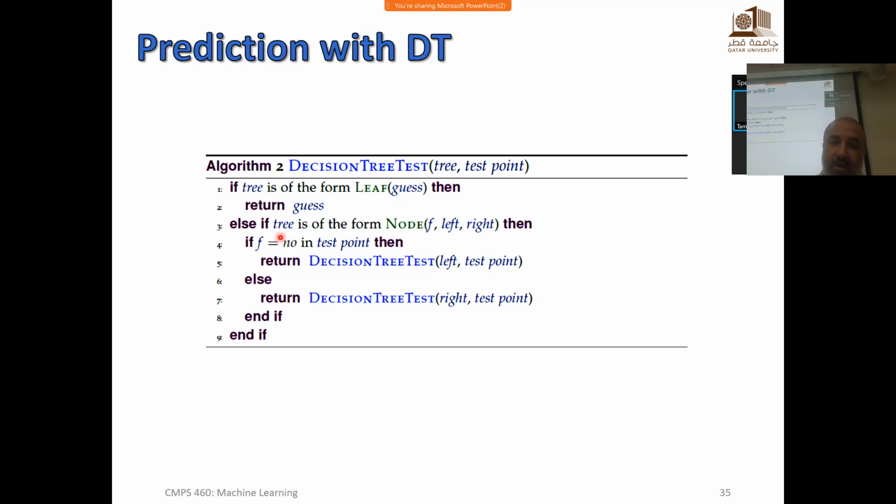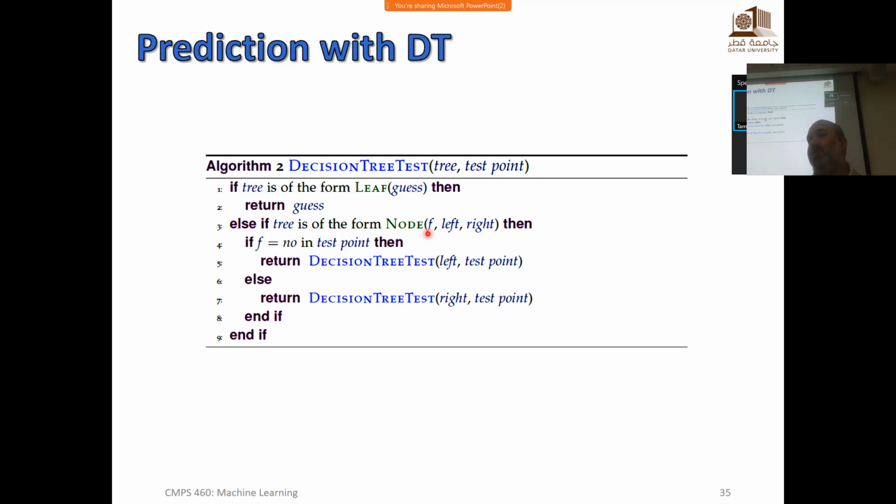And if not, then we should either go left or right based on the value of the feature in that test point. The test point here is the example that we want to predict. So we want to predict the label for that point, for that example. Based on the values of the features, we go either left or right. Of course, here again, we assume that we have binary features.